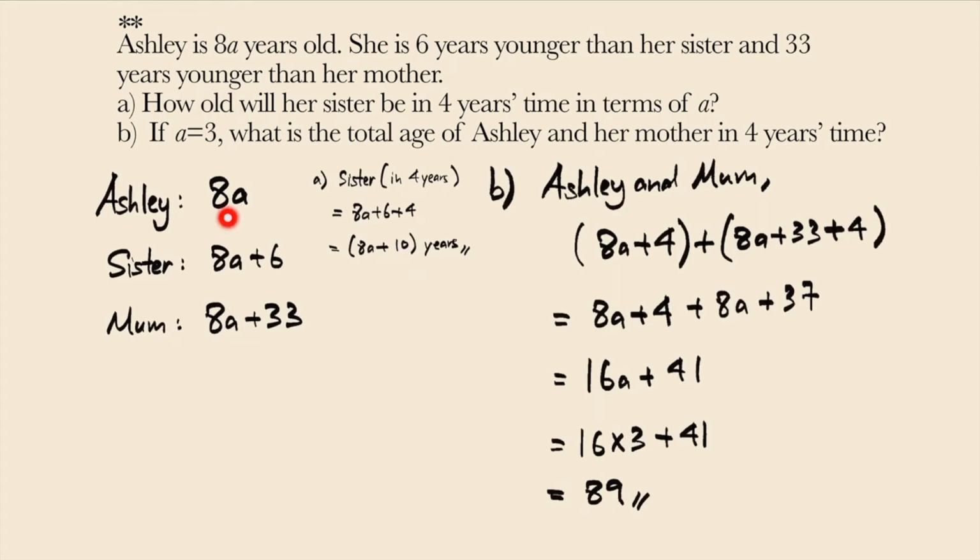That means 8A currently, 4 years in the future, 8A plus 4. 8A plus 33 currently, 4 years in the future, plus 4. Then simplify these expressions and you should obtain 89, or of course you've got to substitute A equals 3, which I did just before that. See, the good thing about simplifying your expressions first is that you don't have to write A equals 3 twice. A little bit of labor savings.